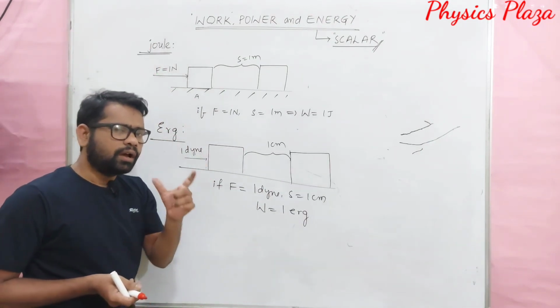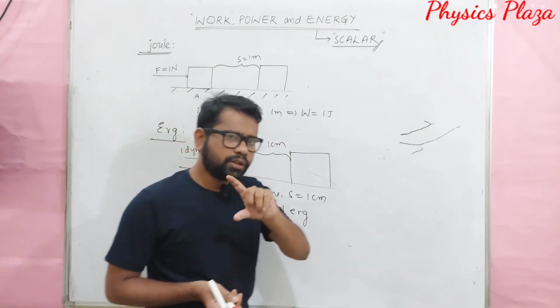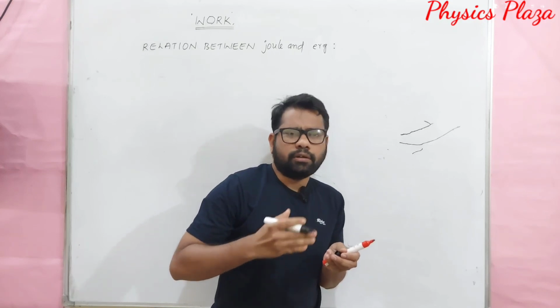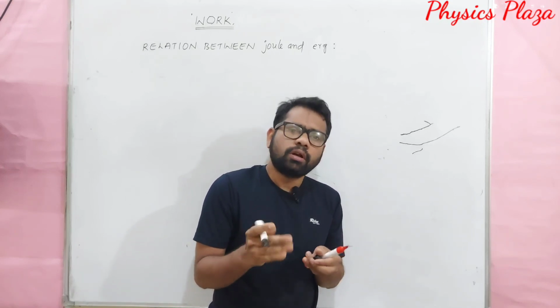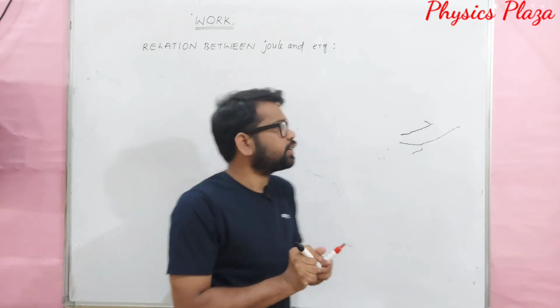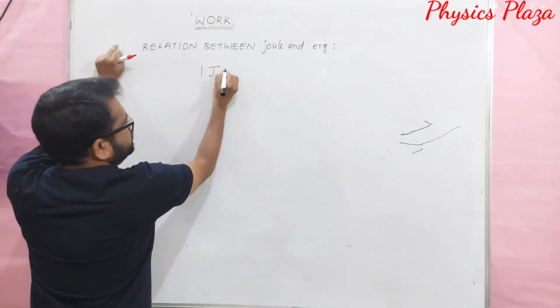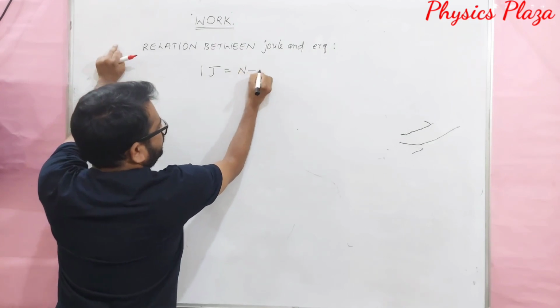Now let us see how erg is related to the joule. 1 joule is equal to how many ergs, or 1 erg is equal to how many joules? Let us see, children. We know that 1 joule is nothing but the Newton meter.